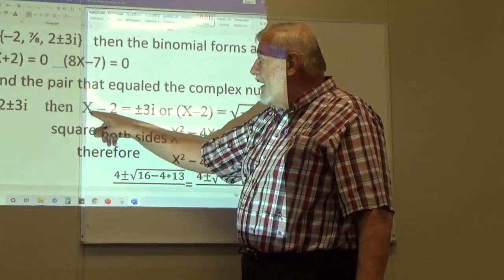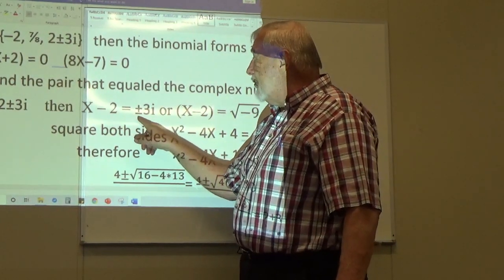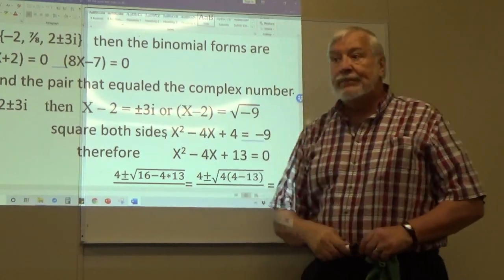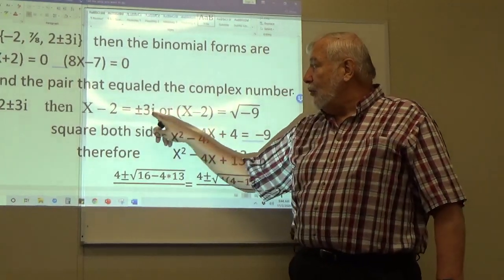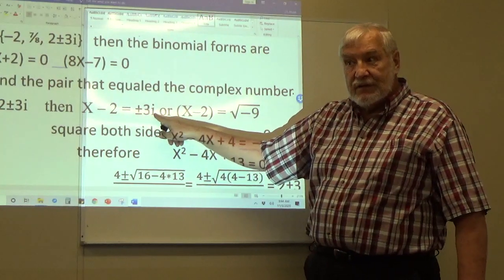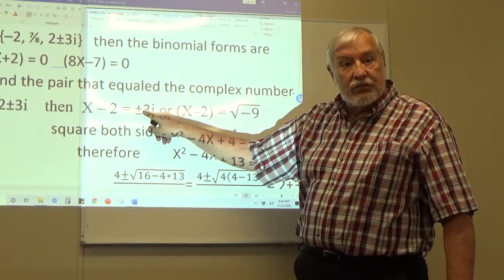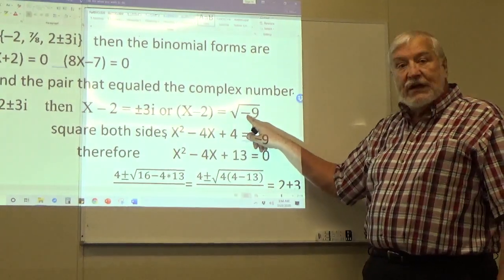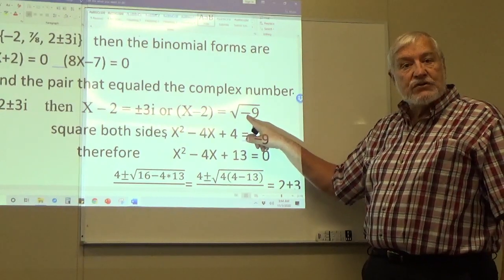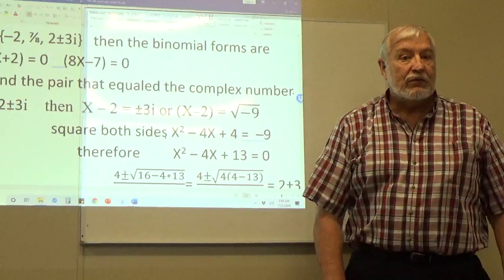When I do that, I get x minus 2 equals plus or minus 3i. Now, we know that i is the square root of -1, and 3 is the square root of 9, so I can transfer that back to square root of -9. So x minus 2 equals square root of -9.